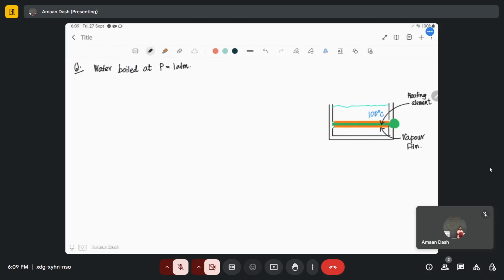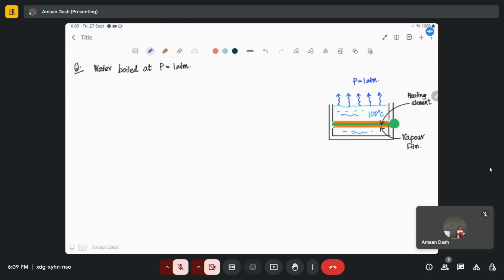From here we have vapor that is going out, because we are heating it, right? So it will be evaporating, and here pressure is nothing but 1 atmosphere.